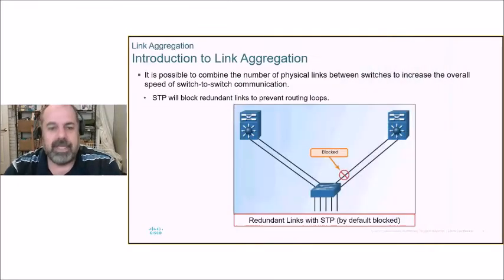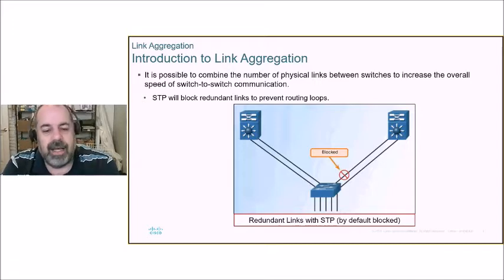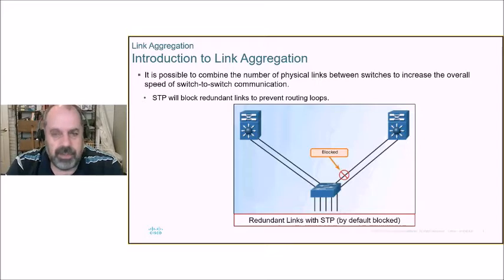So, link aggregation. We've already done spanning tree, and with spanning tree, if you have more than one link to the same area, you will have a loop, so it will actually block at least one of those links so that it will stop a switching loop, and of course stop broadcast storms and the like.